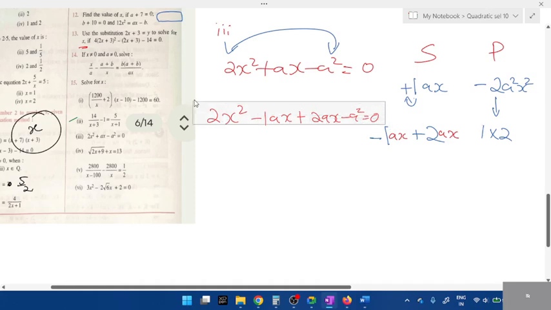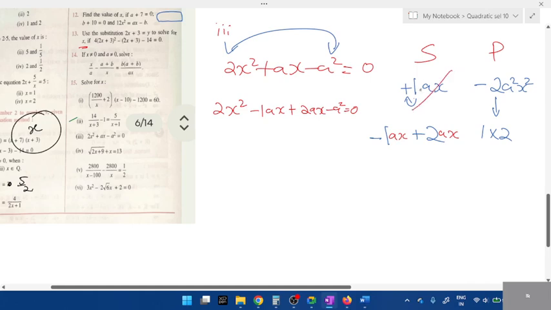Is this clear? Understood how to solve? It's the same, students. Same thing. Only thing to confuse, they've given these two alphabets. It doesn't matter whether they give one alphabet or two alphabets. Use sum and product. Complete this. Group it. See which one is easy. If I arrange like this or if I write 2x square and put 2x first. Which one would be easy to solve?